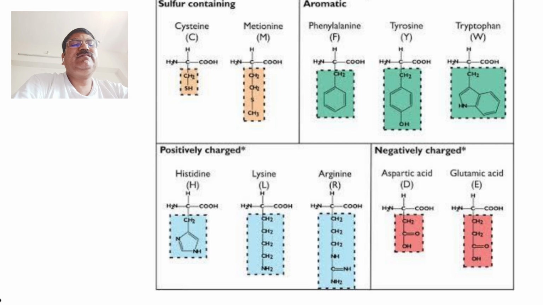In lysine, there is a butylamine type of R group. These are also positively charged. And in arginine, there is an amino type of R group containing positive charge. So histidine, lysine and arginine come under the class of positively charged alpha amino acids.